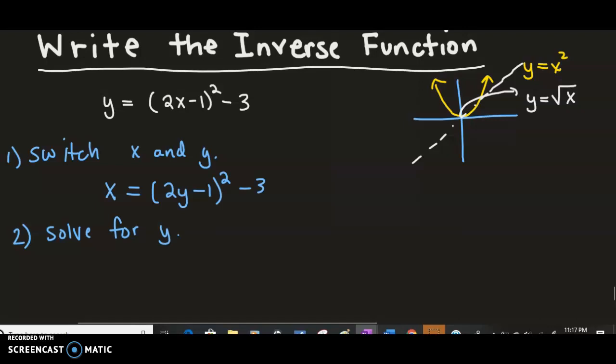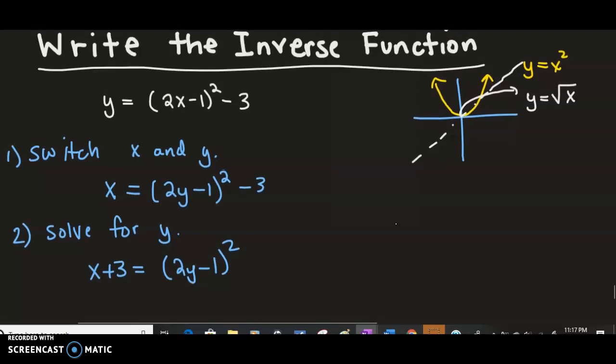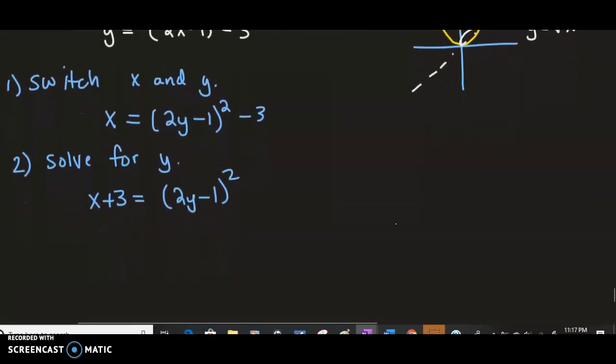So add 3 to both sides, so you get x plus 3 equals quantity 2y minus 1 quantity squared. So you're probably thinking, why don't I FOIL this out? Well, I get why you're thinking that, because that's usually what you do, but you gotta be more careful here. We're trying to solve for y. So to get rid of the square, we can take square root both sides.